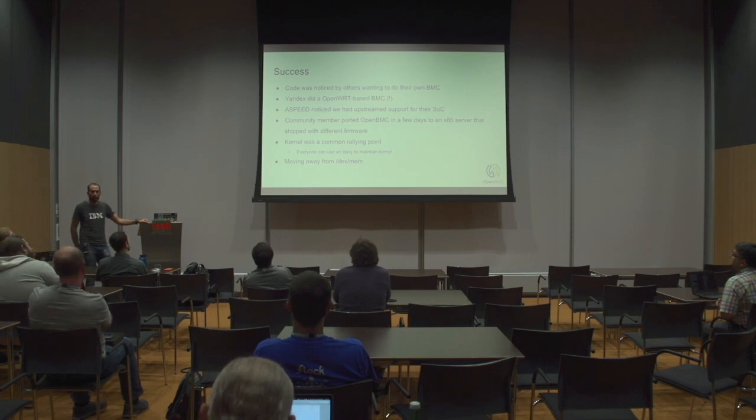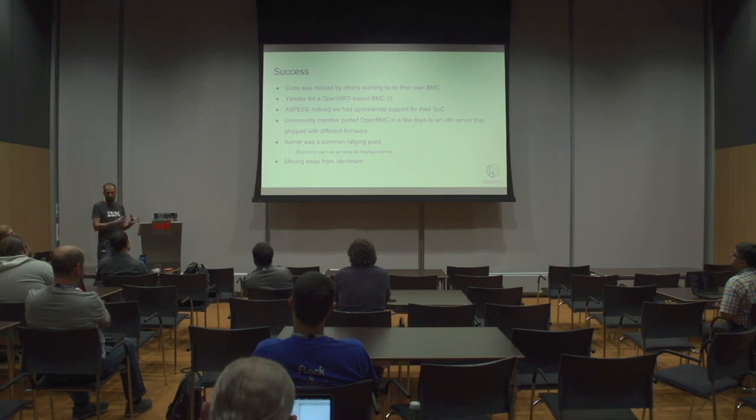One of the more interesting ones was a community member. He happened to be working for Google, but he was doing this on his own time. His manager bet him that it would take him more than a week to port OpenBMC to a new x86 server. It's this Quanta machine that they had, and he got it up within hours and got the machine booting. And so it kind of goes to show that having this strong kernel base allows you to do all kinds of experiments.